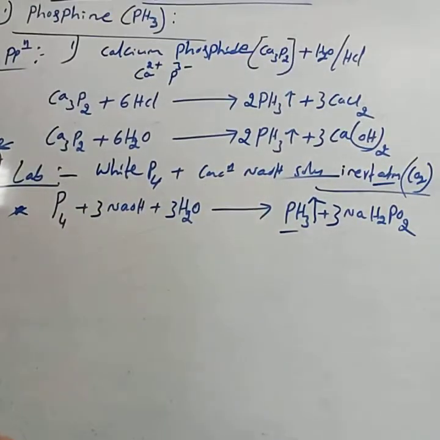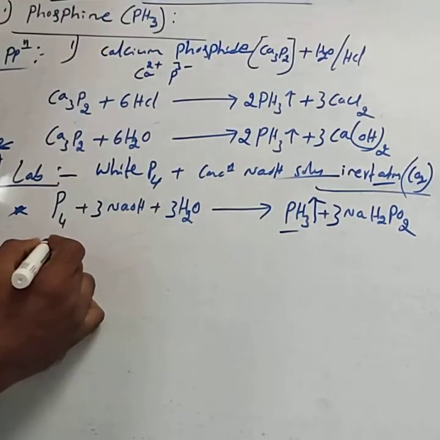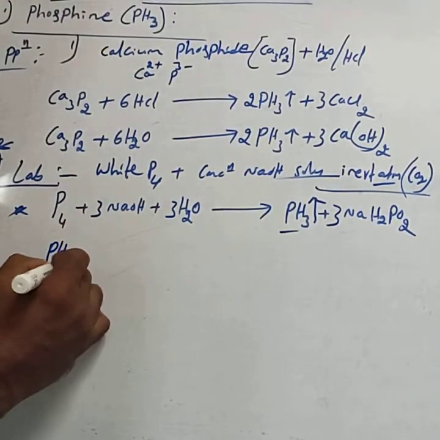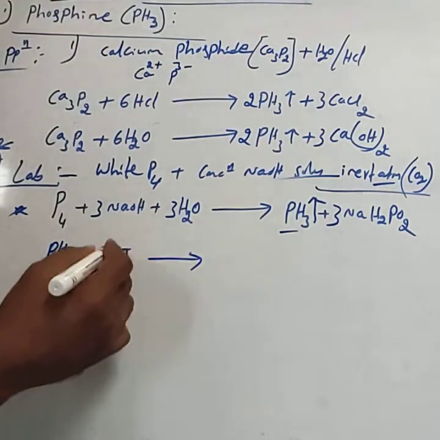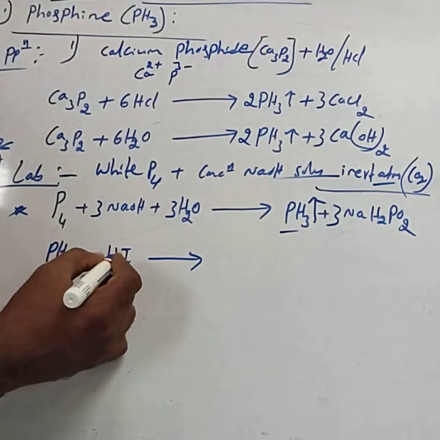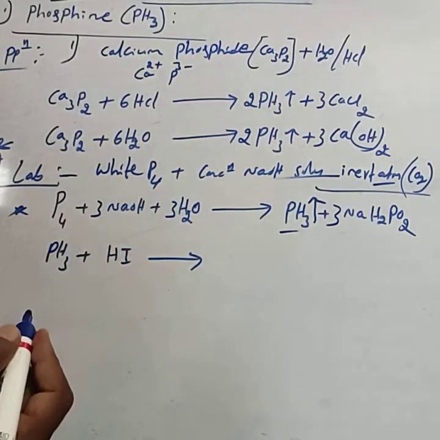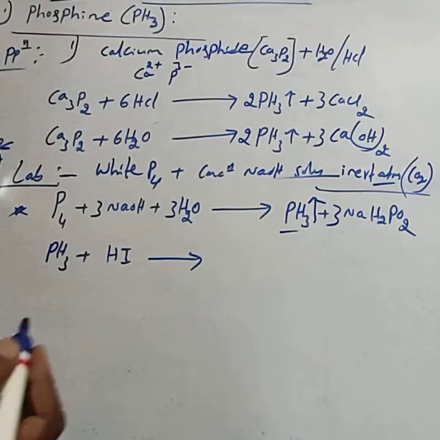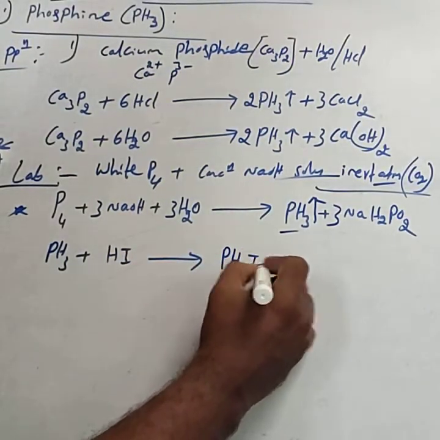The obtained phosphine can be purified, that is impurities can be removed, by treating with HI. PH3 when treated with HI: any impurity present is absorbed by the HI. Then it forms phosphonium iodide, PH4I.